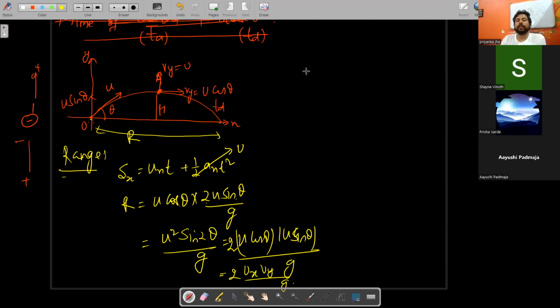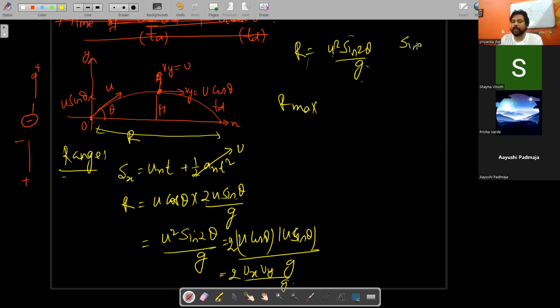Okay, fine. So what is the formula of range that you got? U square sine 2 theta upon g. I want to find the maximum value of the range. Suppose you are asked to find at what angle you throw the object so that it will cover the maximum distance. So for range to be maximum, u is constant, g is constant, so sine 2 theta has to be maximum.